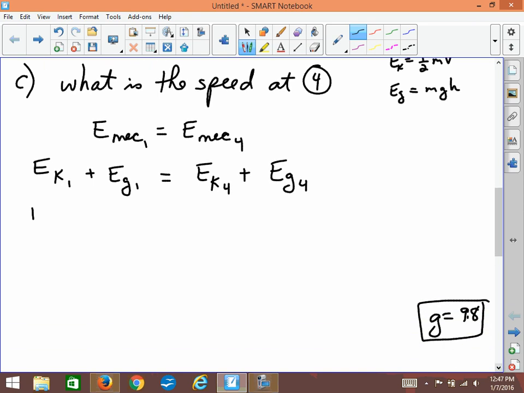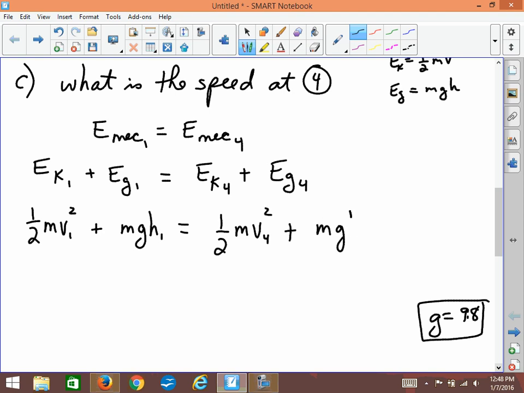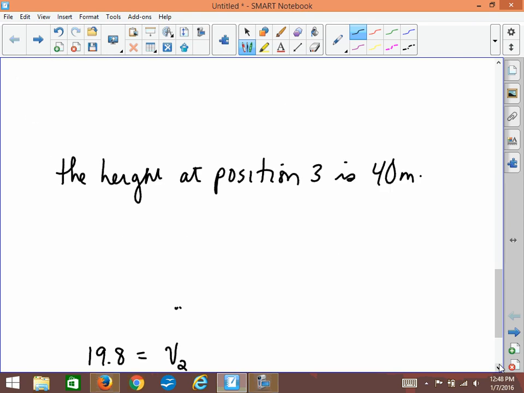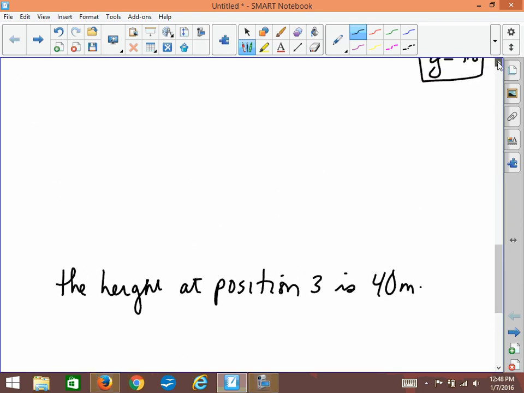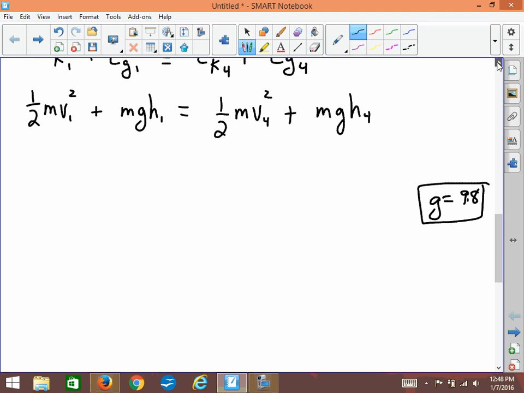This means that 1/2 mv1 squared plus mgh1 equals 1/2 mv4 squared plus mgh4. And of course, as before, all the m's disappear. They cancel out of the equation by dividing every term by m. So we're down to this.